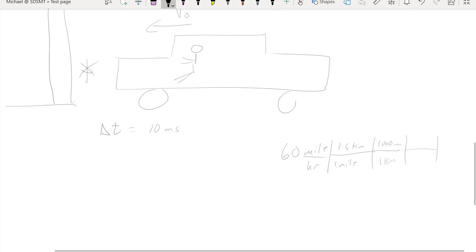Thousand meters per kilometer. And then we have 3,600 seconds per hour. So we'll go ahead and make that conversion here. 60 miles an hour. That works out to be approximately 26.7 meters per second.